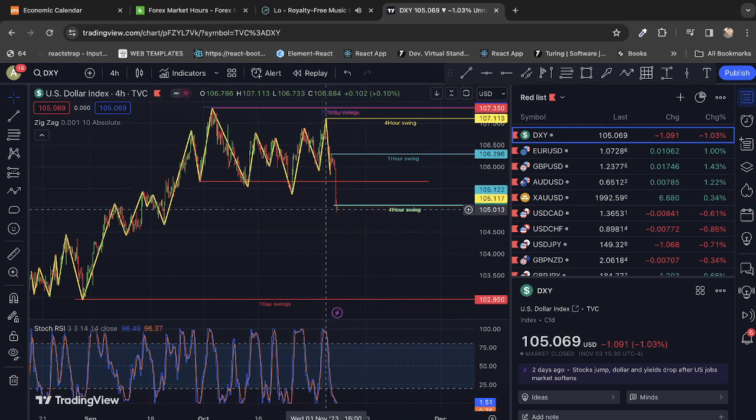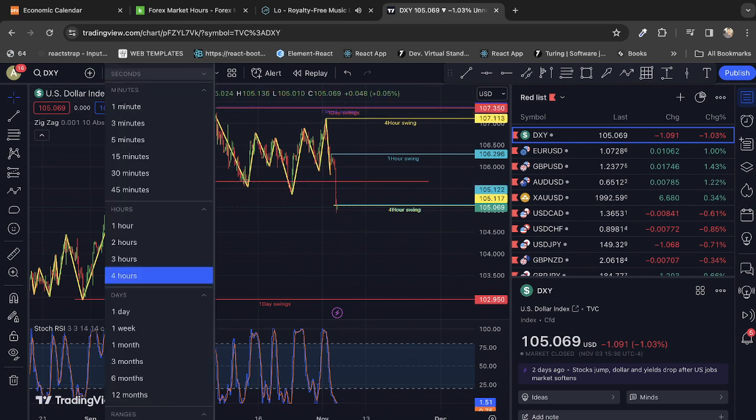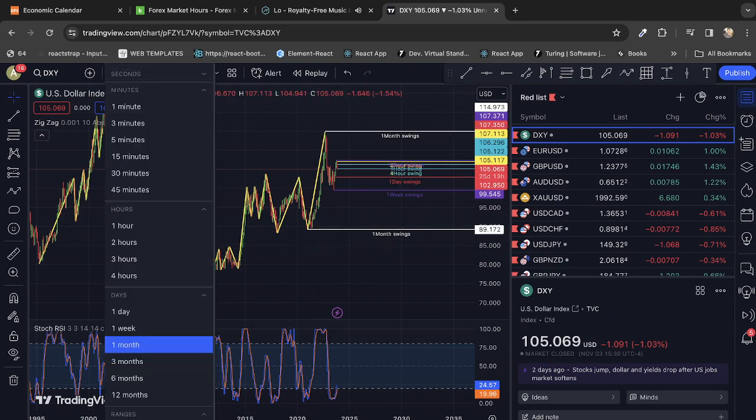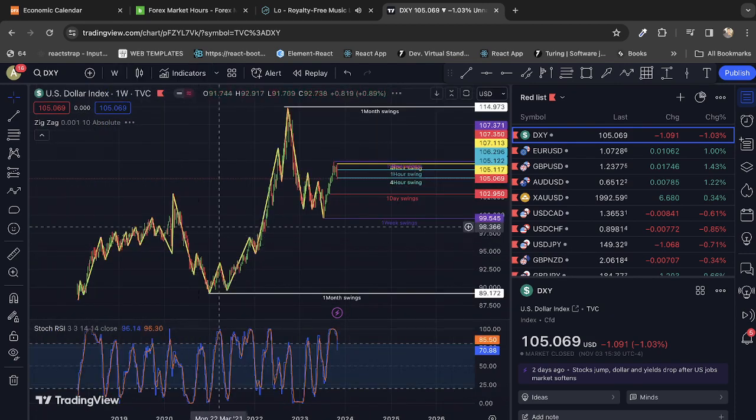So it makes sense, but we have to be careful of these bearish signals forming on the lower time frame. Remember, it's always advised for you to have an overview of what's going on on the higher time frame, because the higher time frame is stronger than the lower time frame, right?